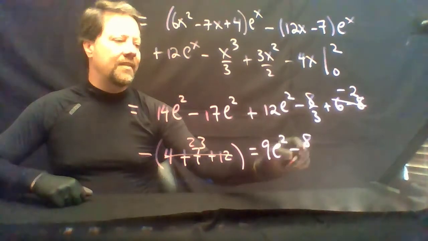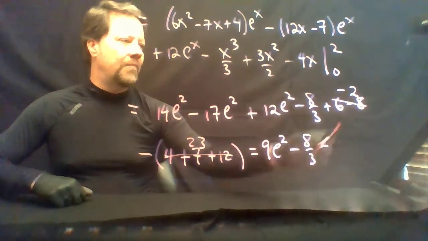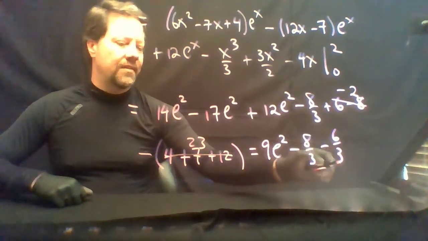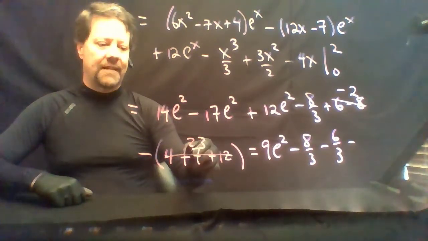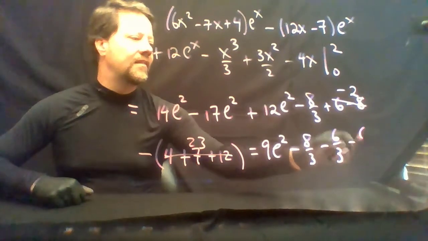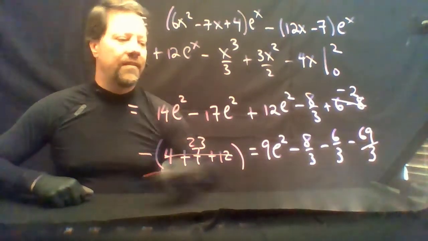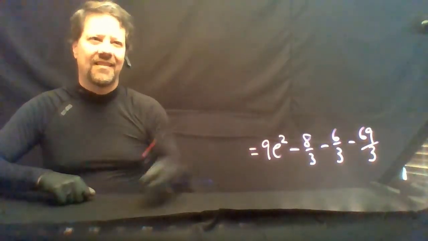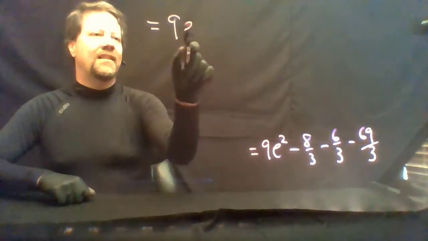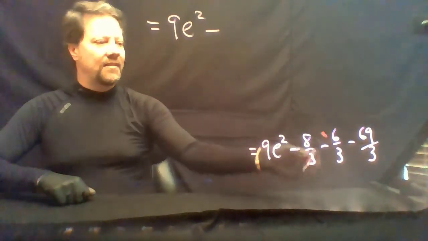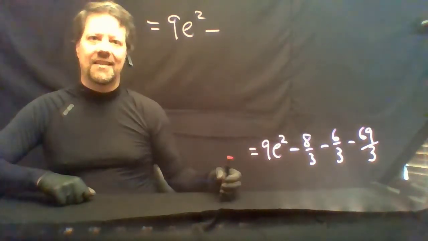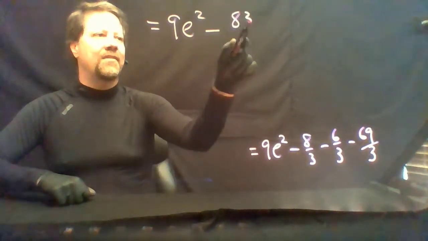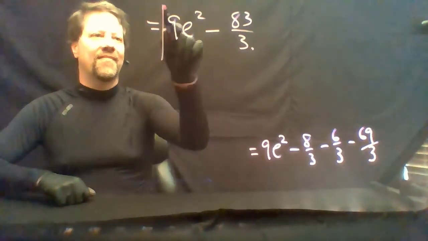We have minus 8 thirds, minus 6 thirds, and minus, well, 23 times 3 is 69 thirds. We have then 9e squared minus 8 minus 6 is minus 14, minus 69 is minus 83 thirds.